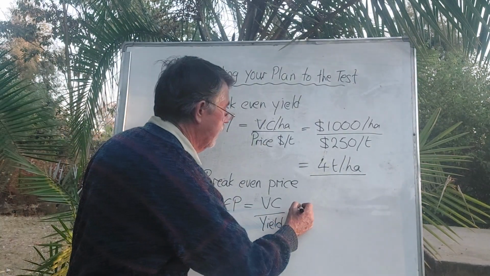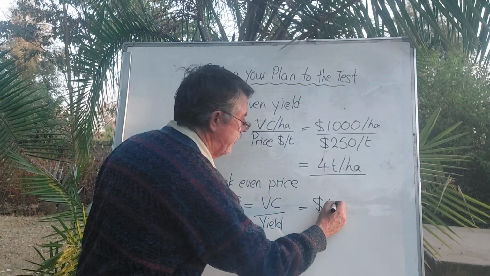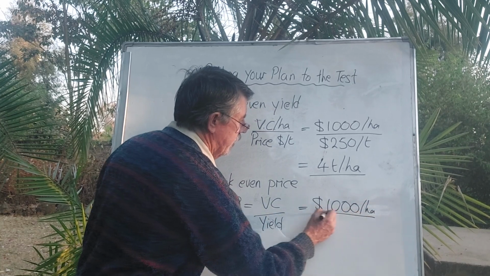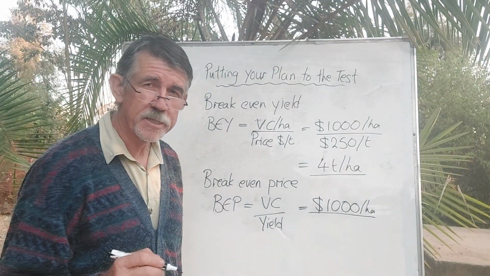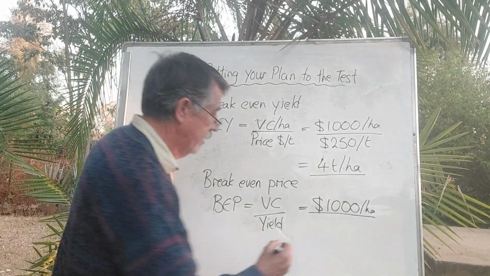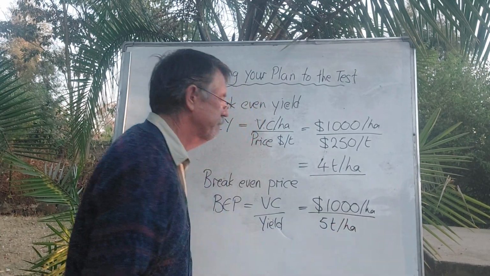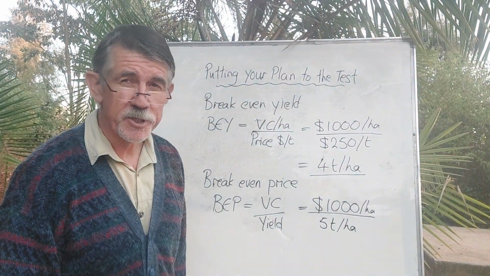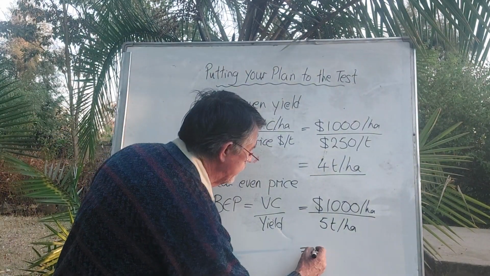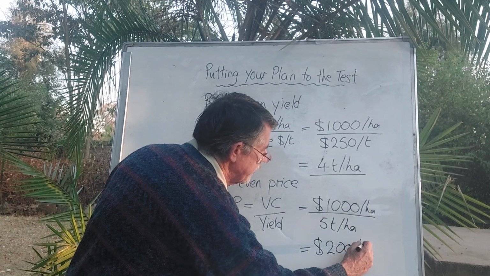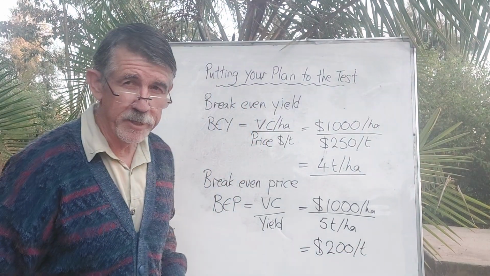Now again, if our variable costs are $1,000 per hectare and the yield that we set in our model is 5 ton per hectare, we need to achieve a price of at least $200 per ton in order to break even.